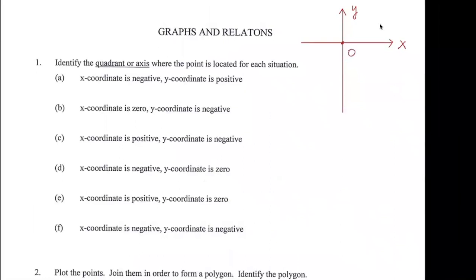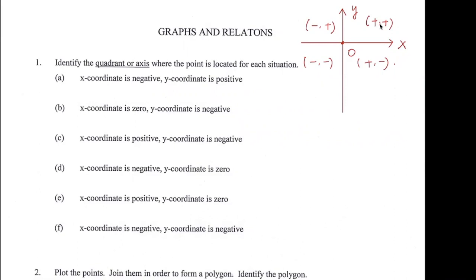First quadrant: positive, positive. Second quadrant: negative, positive. Third quadrant: negative, negative. Fourth quadrant: positive, negative. With the help of this graph, this question should be straightforward.